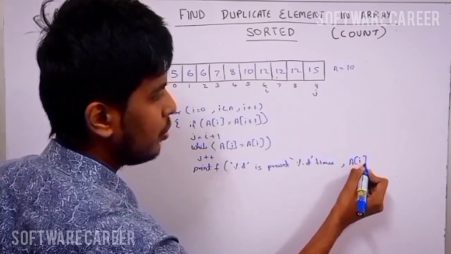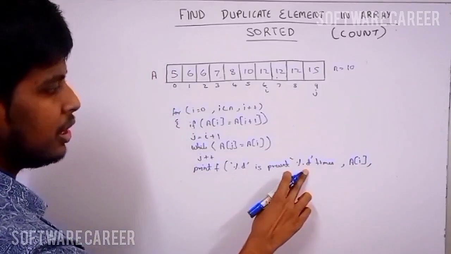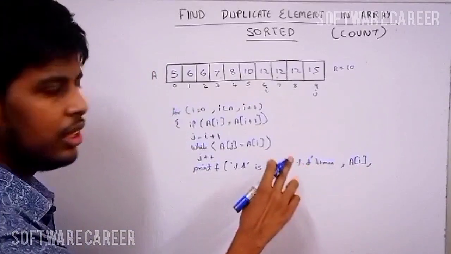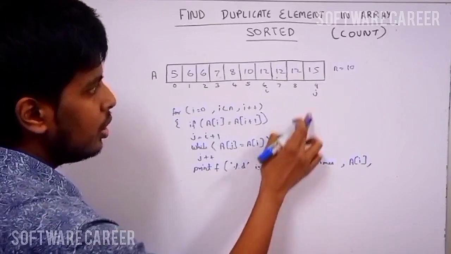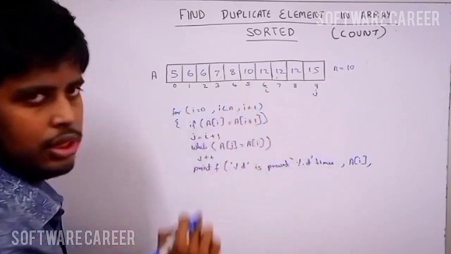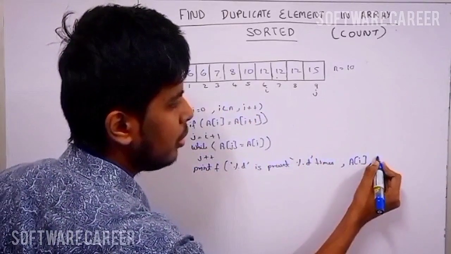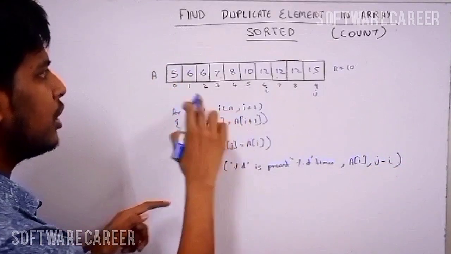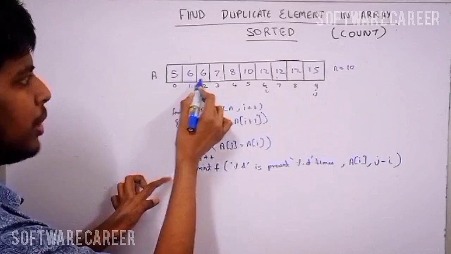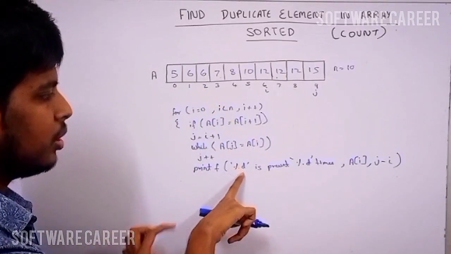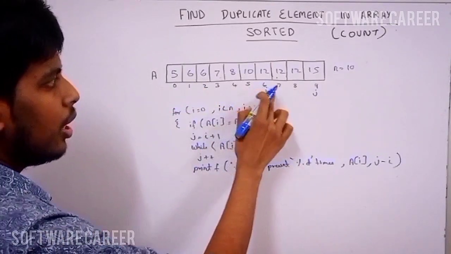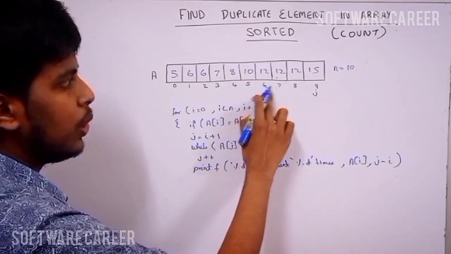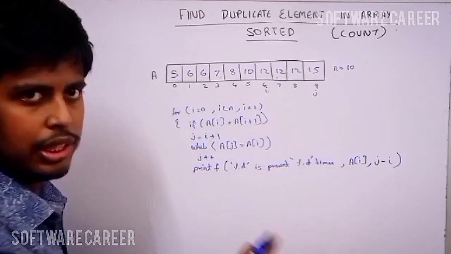So I should write a of I. Then the second percentage d is the count of how many times it appears, that is j minus I. So I should write j minus I here. Now suppose the first time it prints that 6 is appearing 2 times. Then after I comes here, it prints that 12 is appearing 3 times, like that.